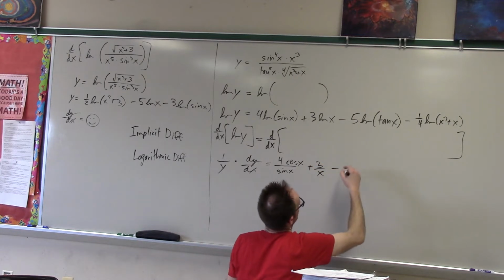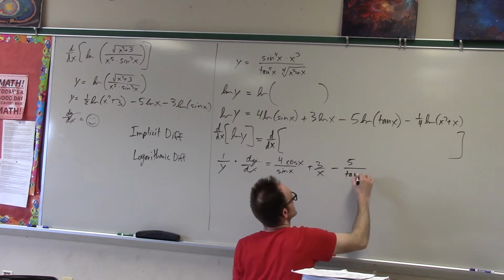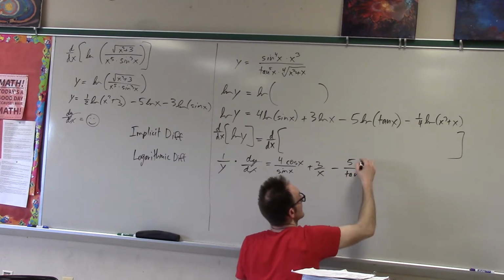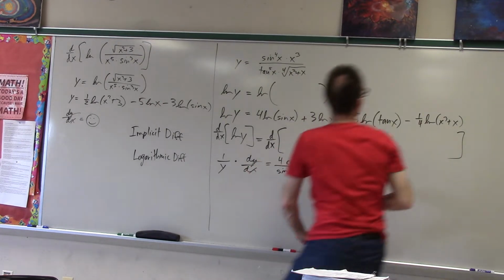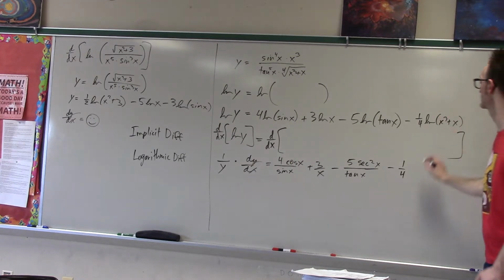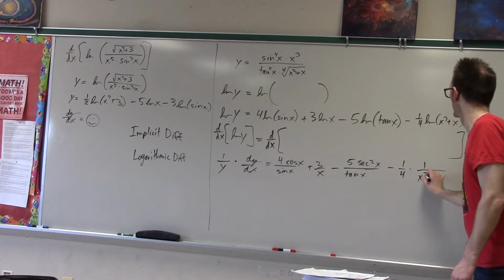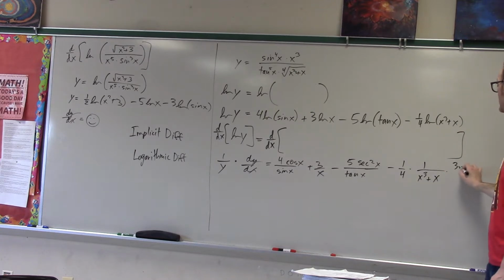Here, this is going to be minus 5 times secant squared. Minus, and then this will be 1/4 times, again, 1 over the something back inside for the derivative of the something, so that would be 3x squared plus 1.